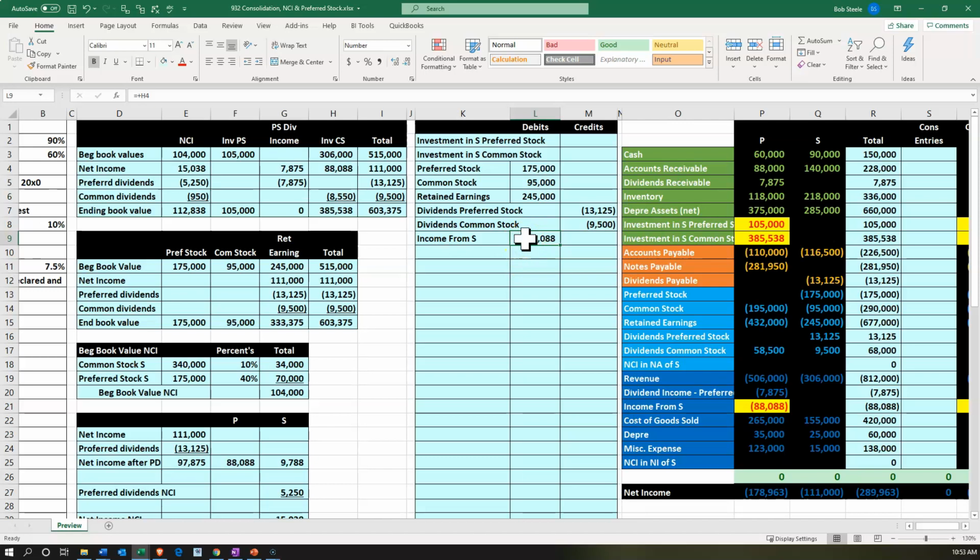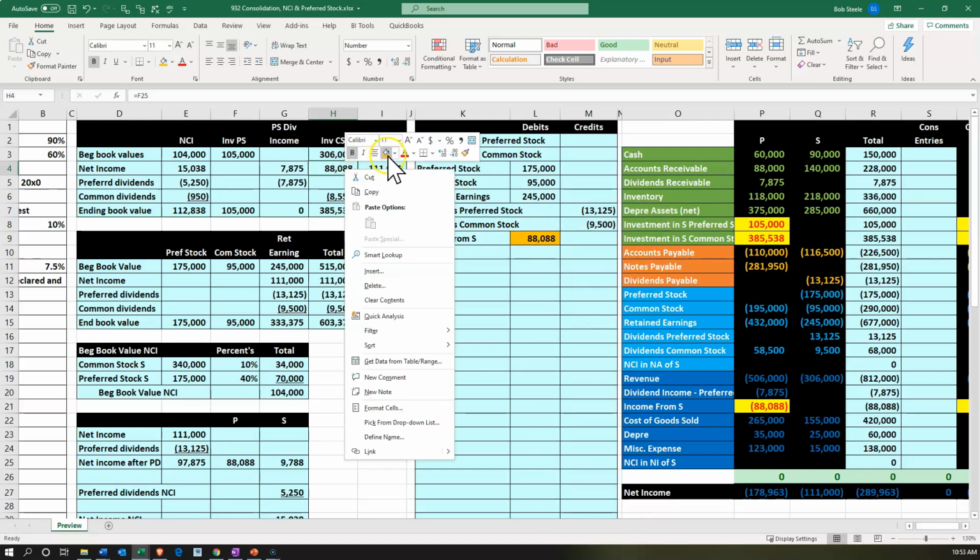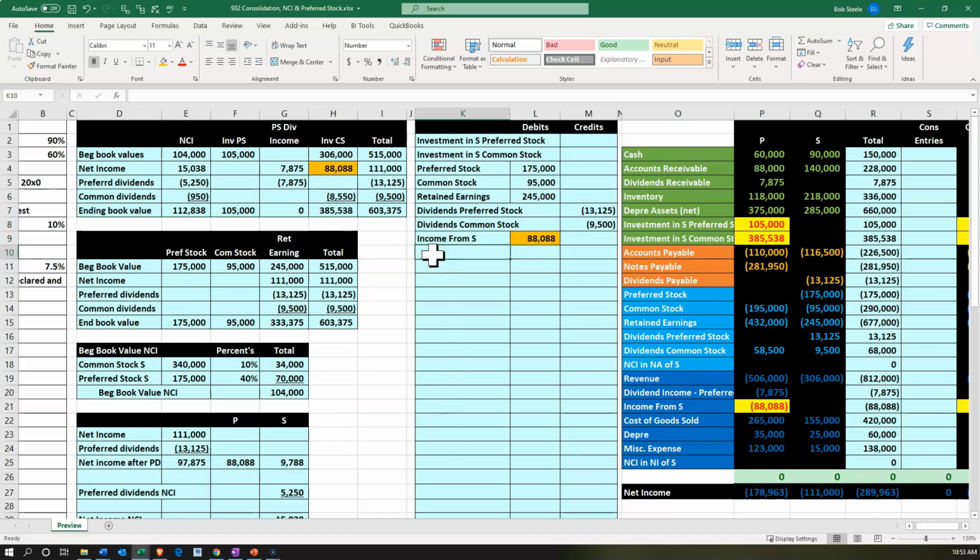Let's go ahead and highlight this, make it green, just so you can say, hey, we pulled that from the table. It won't let me right click, so I'll make it orange. So that came from the table. And then the next item will typically be, well, we have to go to the dividend income here. It's going to be another new item for the preferred stock.